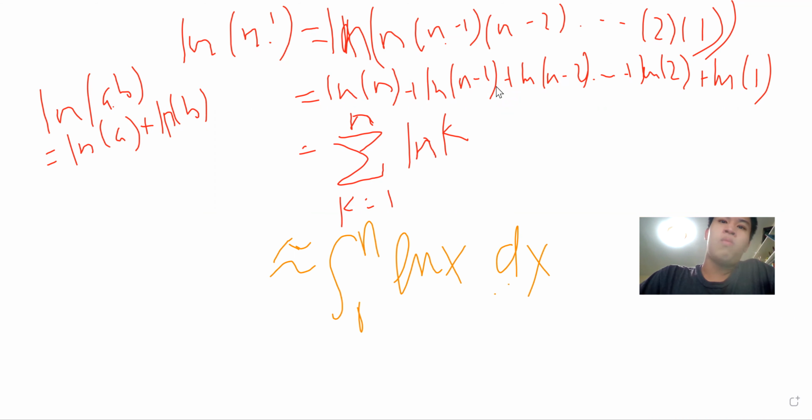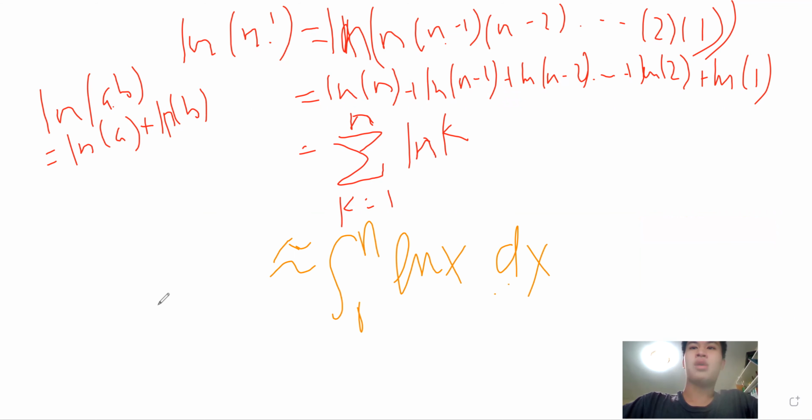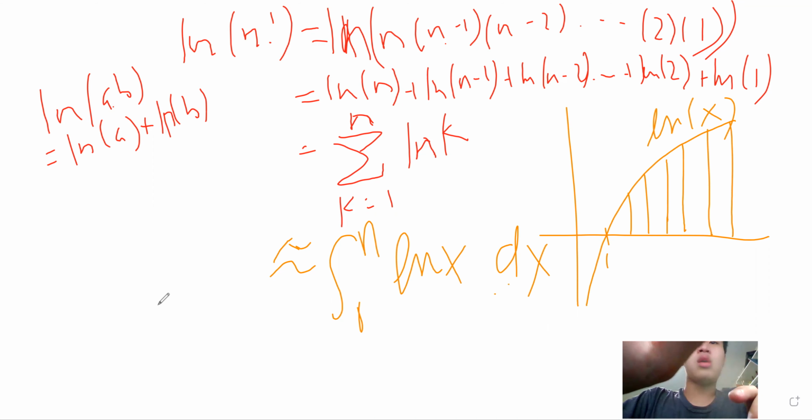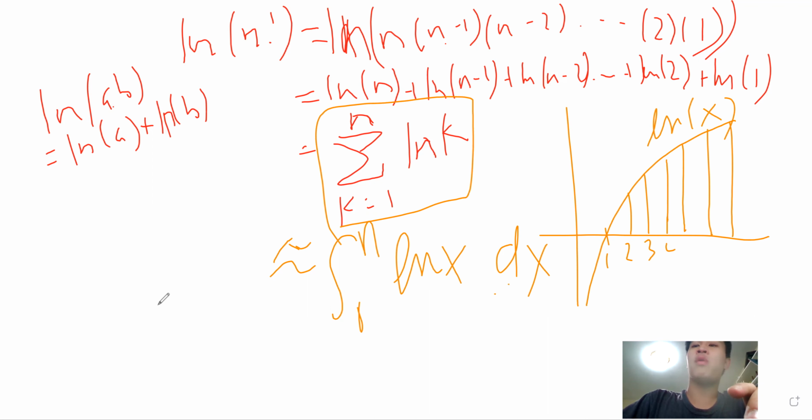The summation can turn into an integral because if we take a look at the graph of the natural log of x, basically this sum is 1, 2, 3, 4, 5, 6, 7.